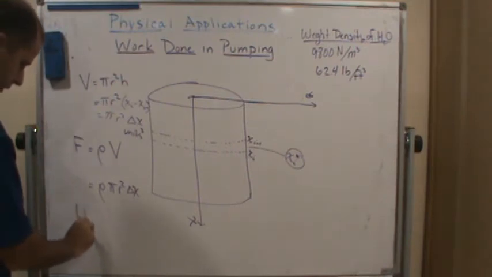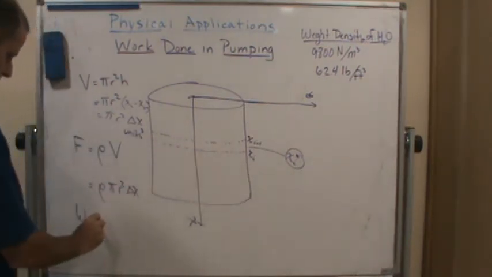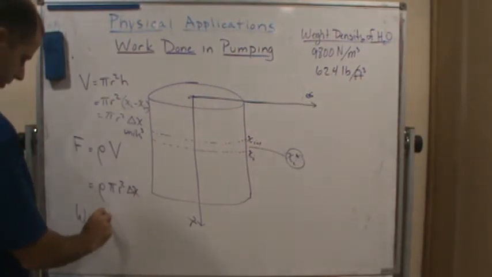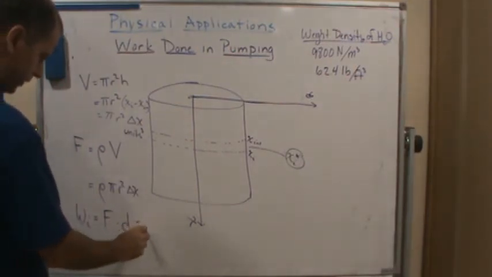So work sub i, the work for this thin disk, is going to be the force times distance. Let's put it together.